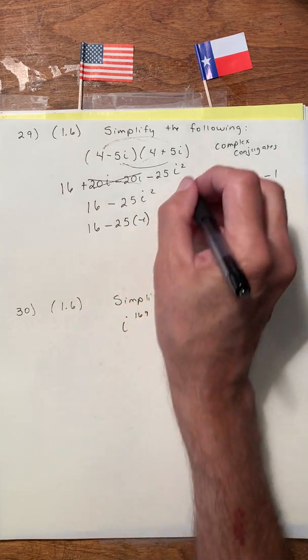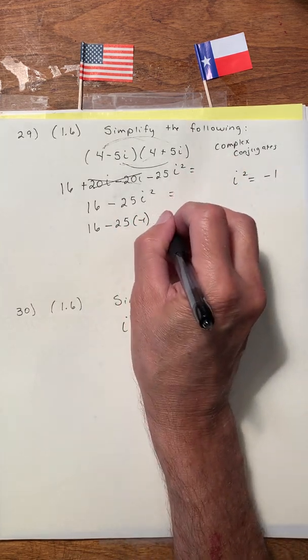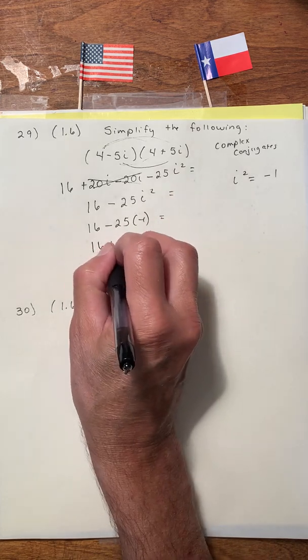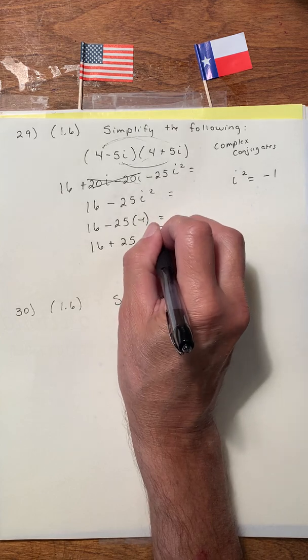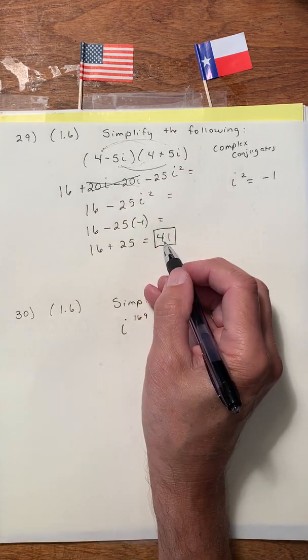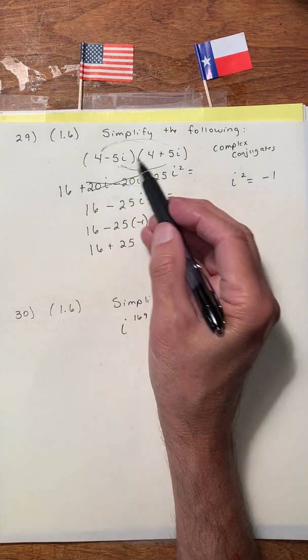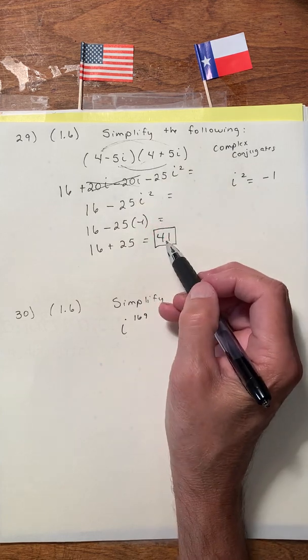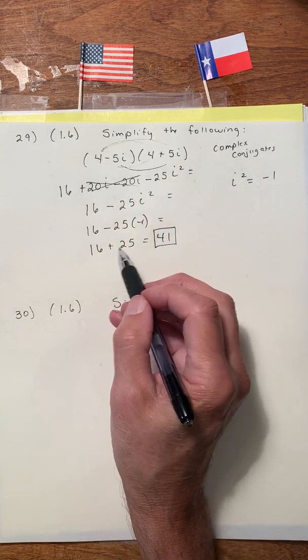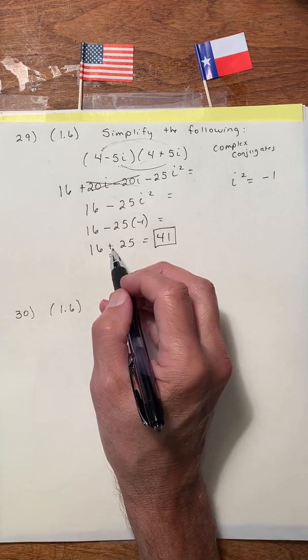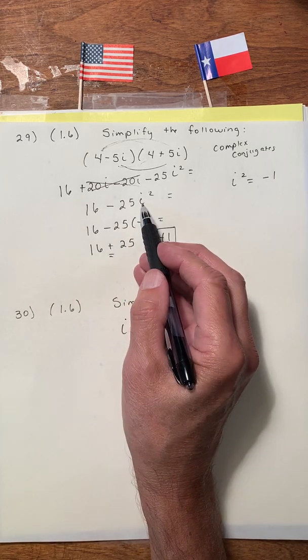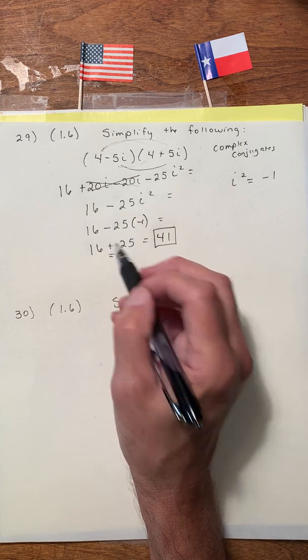Negative 25 times negative 1 is positive 25. Look at there. A purely real number. Multiply complex conjugates, you get a purely real number. You always get something plus something. If you get a minus something here, you did something wrong, because that negative 1 will always change this sign to a positive.